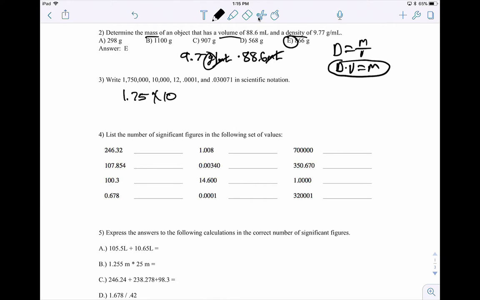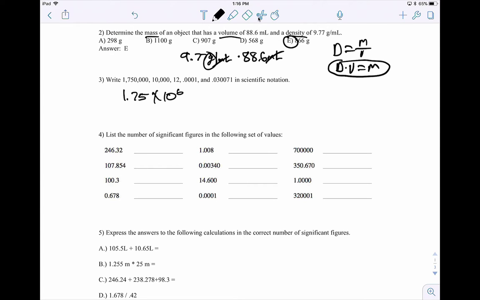Now let's count zeros. 1, 2, 3, 4, and then we'll move it over even further to the first digit in the number. So you got 1, 2, 3, 4, 5, 6. 1.75 times 10 to the 6. So let's check our work.